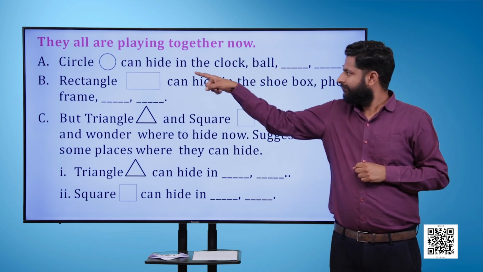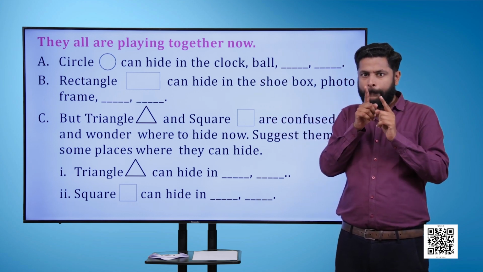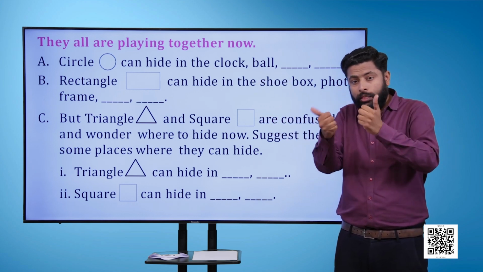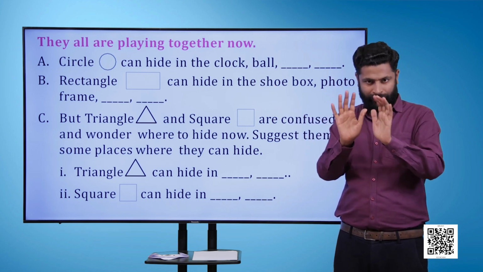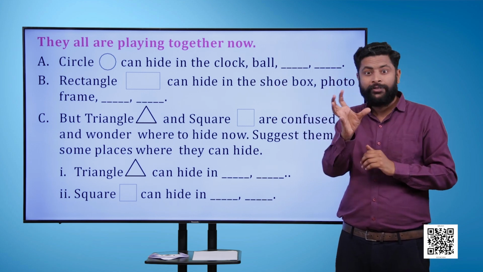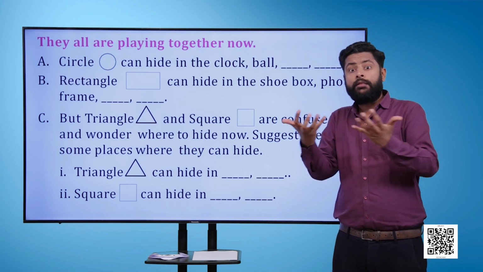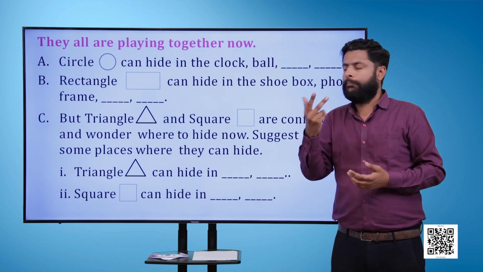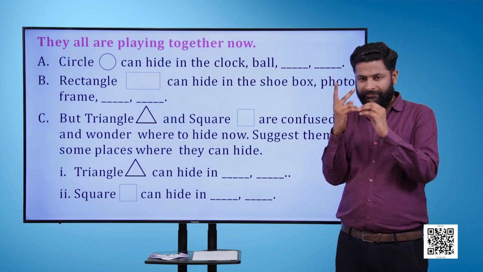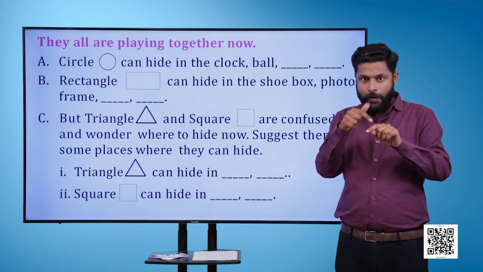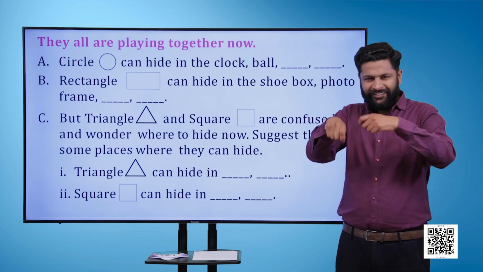A. Circle can hide in the clock, ball, blank, blank. B. Rectangle can hide in the shoebox, photo frame, blank, blank.